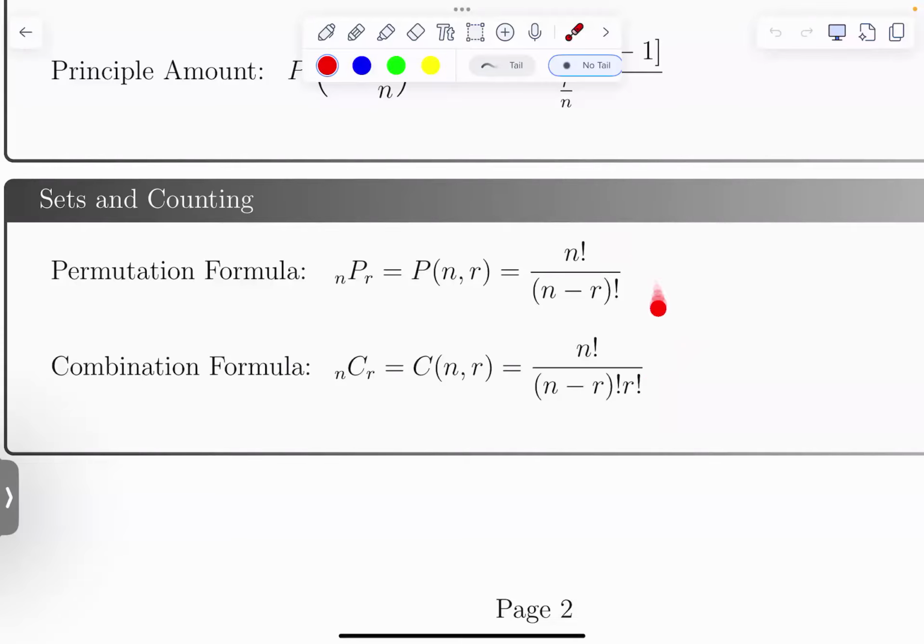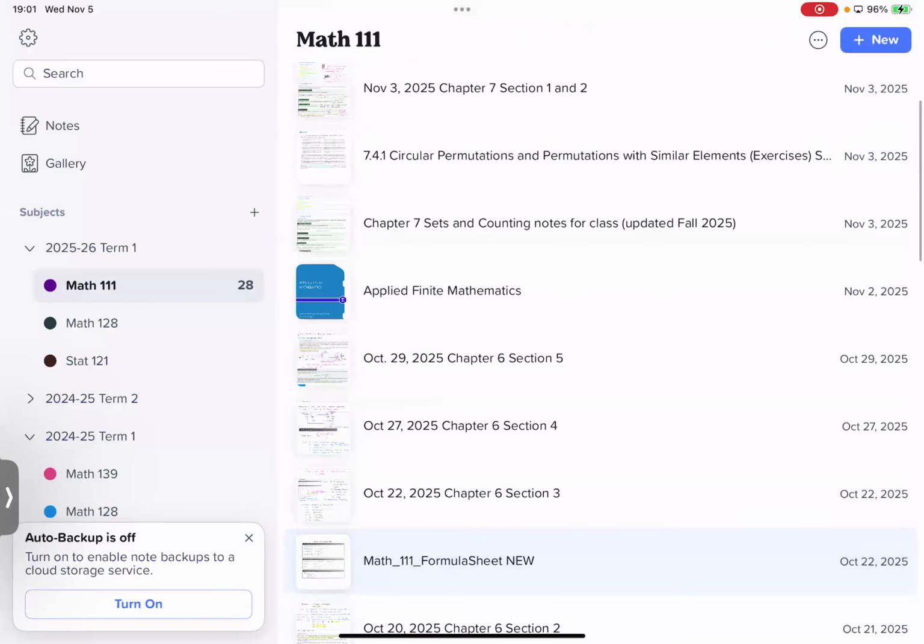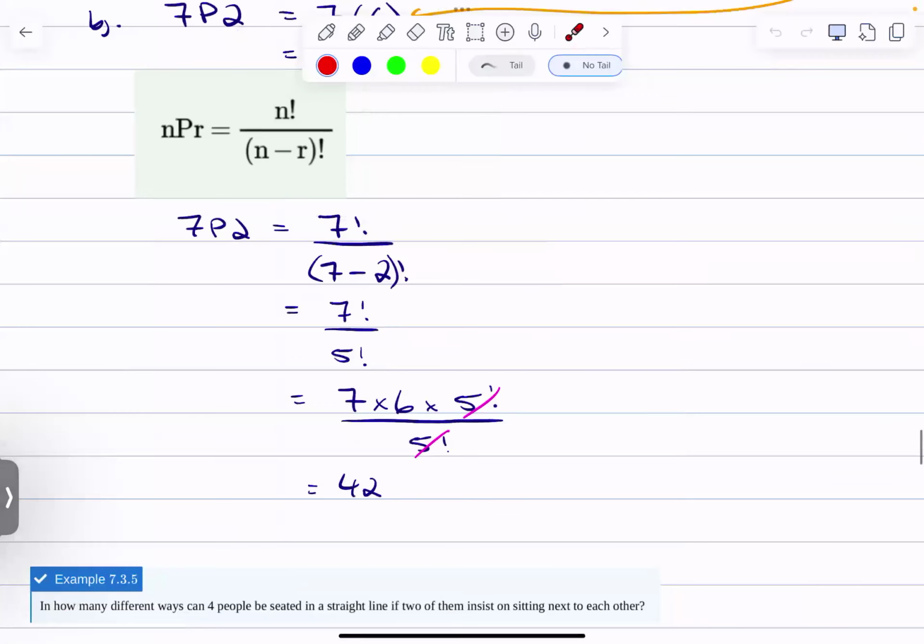And so on the test, I need you to be able to simplify these formulas like we've been doing, without using your calculator. You can check your answer with your calculator, but you have to show me that you know that trick to cancel values. It'll say use the permutation formula or use the combination.